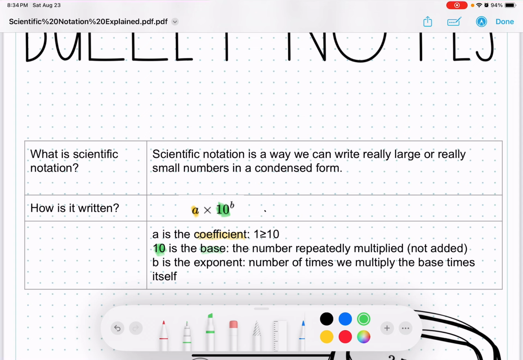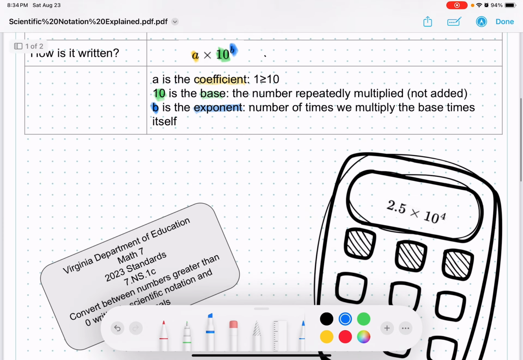And the base is the number that we repeatedly multiply. That means we're going to multiply this base B number of times, and B is what we call our exponent. That B tells us how many times we're going to multiply that base times itself.